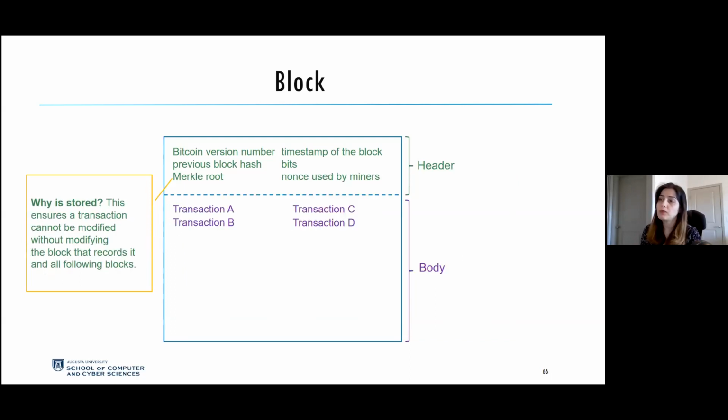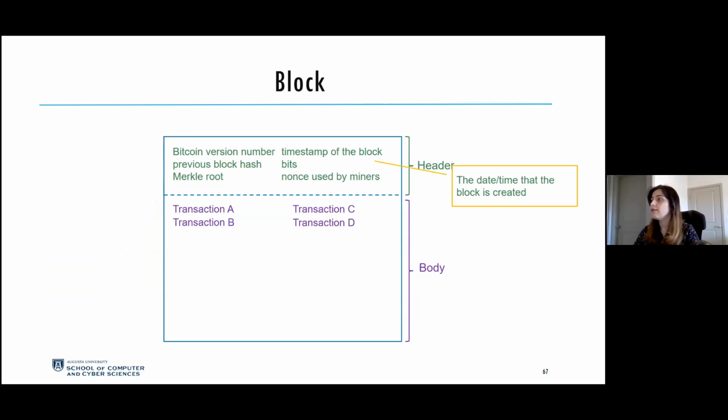So why do we only store the Merkle root? Because it's efficient. You just need to store the root. You don't need to store all the other values, but using this root, you can figure out if any transaction changes, the root will also change. So it will help you make sure that the transactions in the body of that block remain immutable.